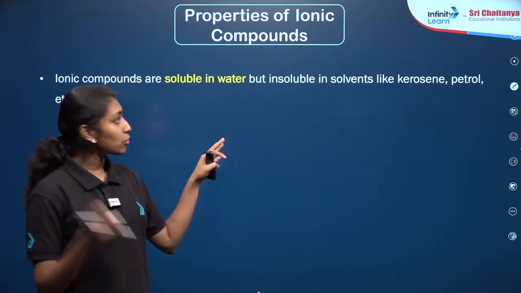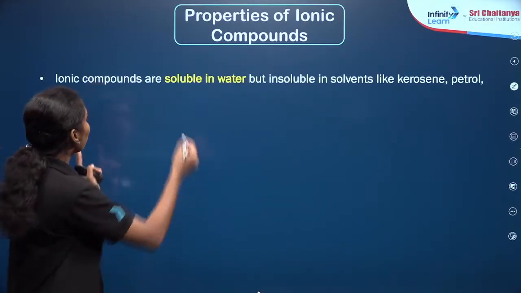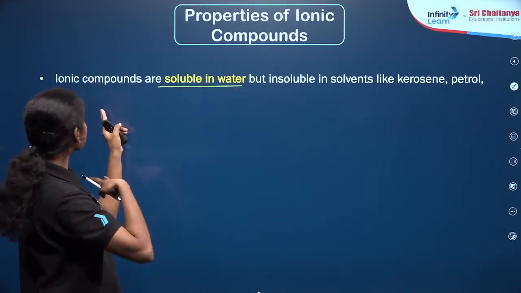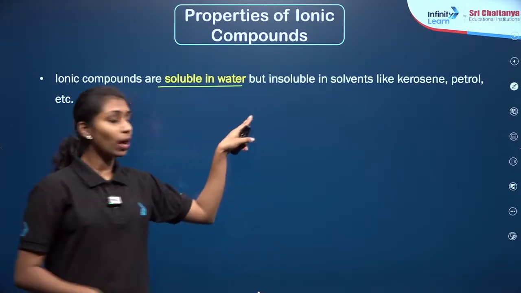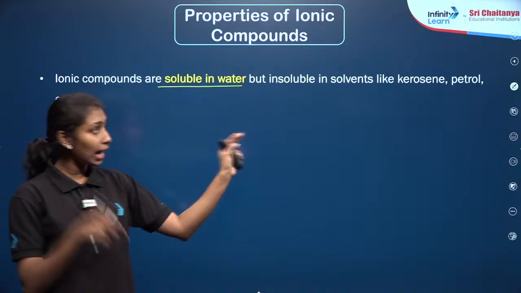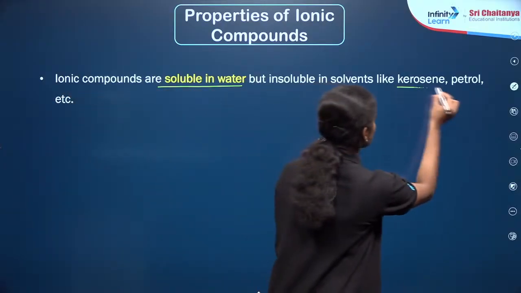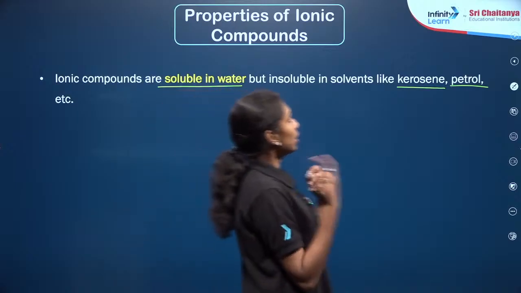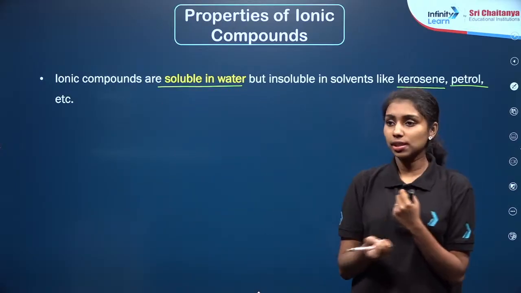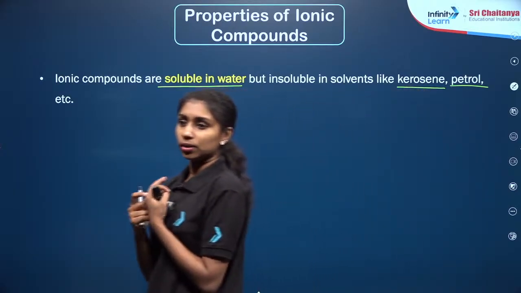It will definitely be soluble in water. So, this is the general characteristic of the ionic compounds. For example, sodium chloride; all the ionic compounds are soluble in water. But if you take any of the organic solvents like kerosene, petrol, etc., it will not dissolve in these particular solvents. I hope you understand solubility.